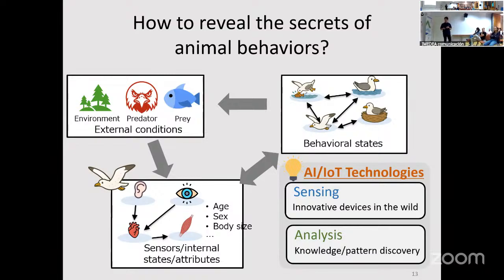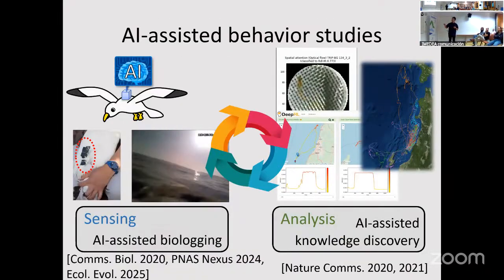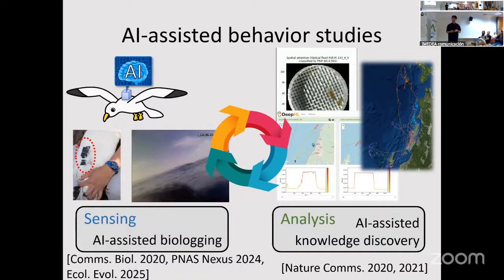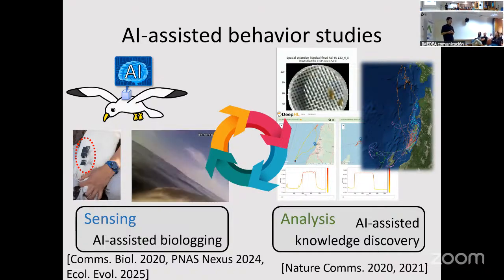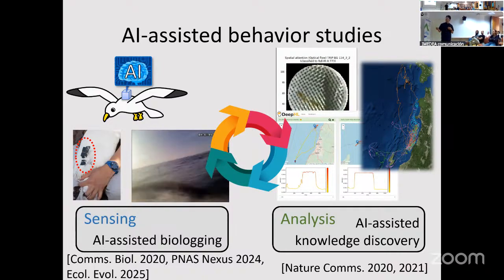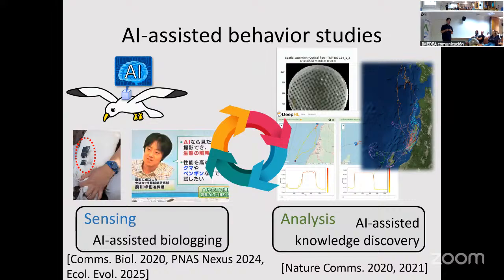And so, as information scientists, we develop AI-assisted techniques for enhancing sensing and analysis in animal navigation studies.